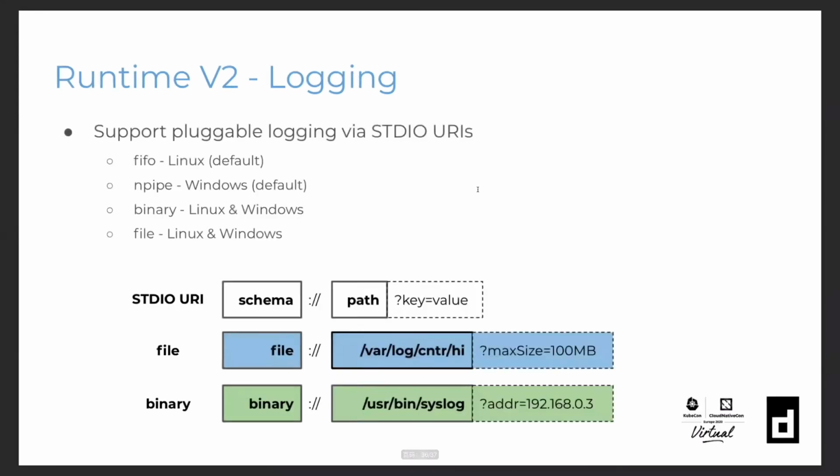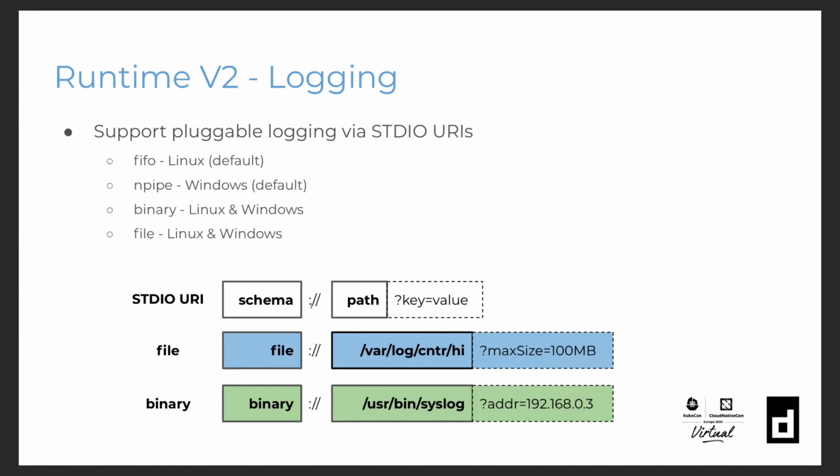To fix this issue, runtime v2 uses a URL scheme to introduce the logging plugin, but by default, runtime v2 implementations must support the named pipe.